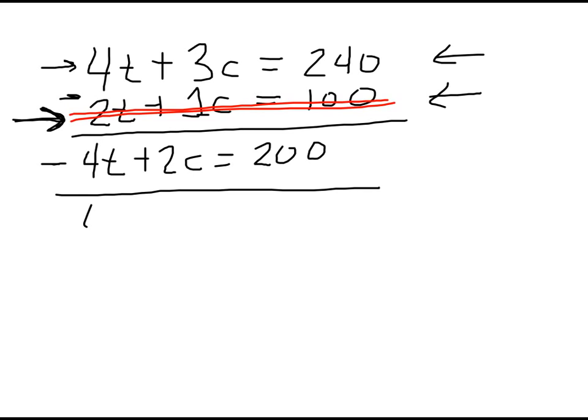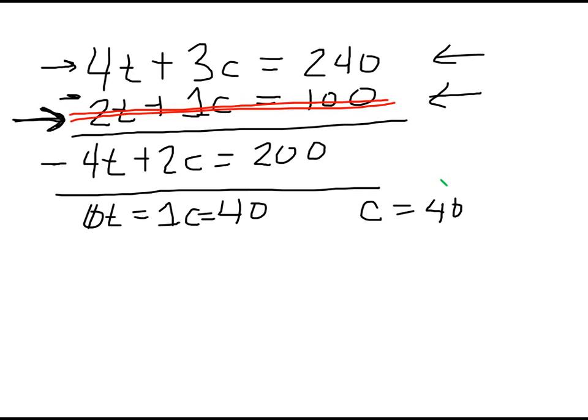So I'll take 4t minus 4t, and I end up with 0t. 3c minus 2c equals 1c. And then 240 minus 200 gives me 40. So c equals 40.